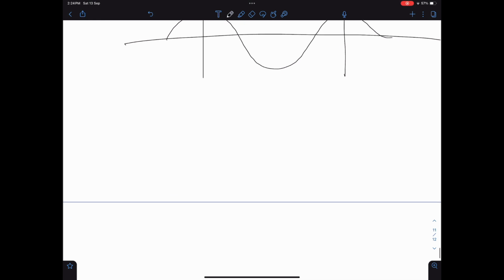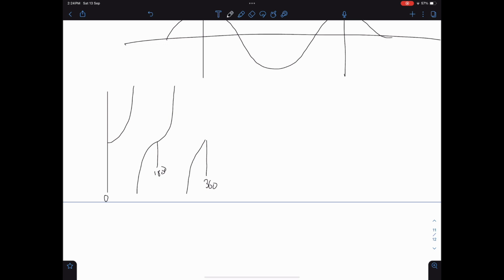And then tangent looks like this. And that's 360 degrees, 180 degrees, and 0 degrees.